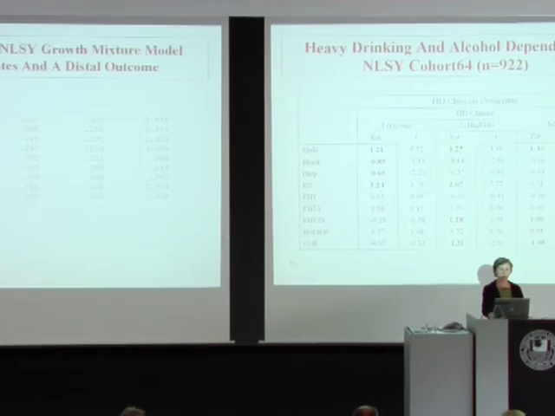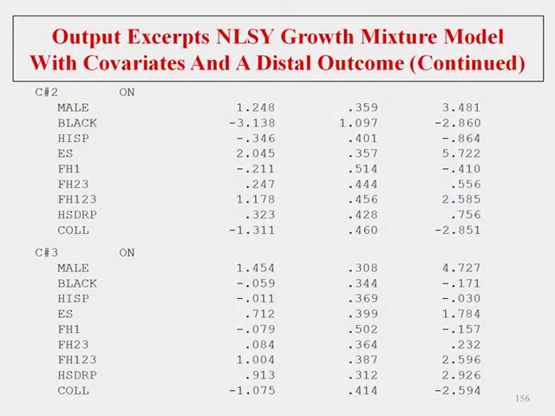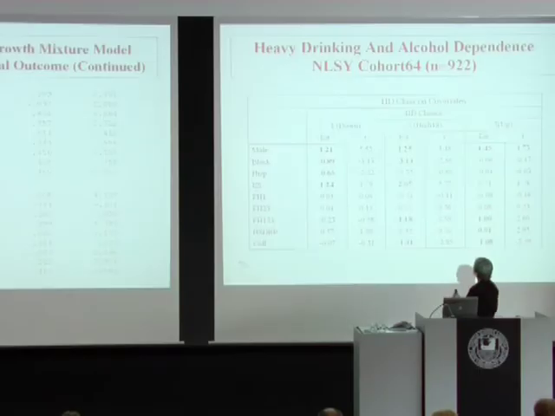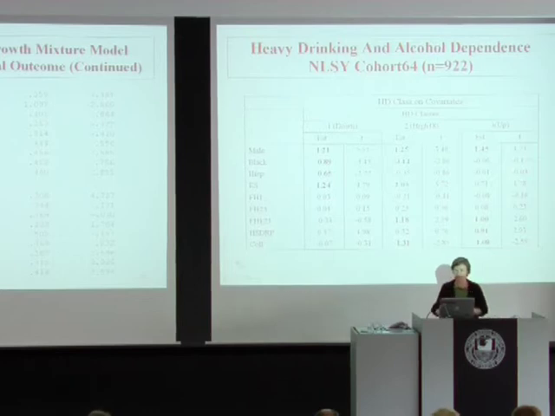In the output, we have C#1 on the covariates, and then C#2 on the covariates on the left screen, which will match 1.25, which is 1.248 rounded, 1.45 here. So all of the information from this table was just taken from the multinomial logistic regression part of the output.